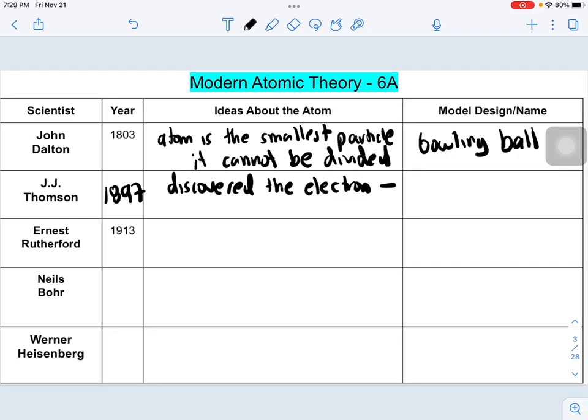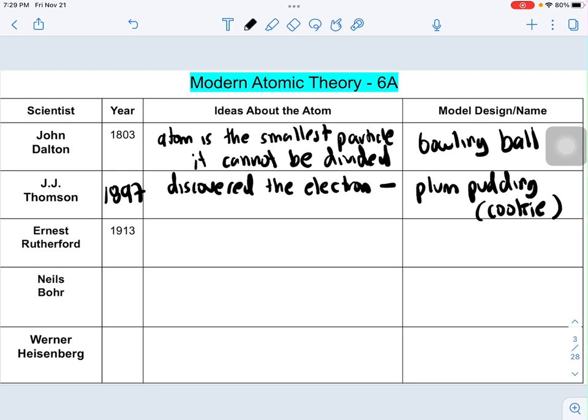But J.J. Thomson had to include the electron in his model, which we call the plum pudding model, right? The plum pudding or the cookie model. So J.J. Thomson's biggest contribution to atomic theory was that he discovered the negative electron.